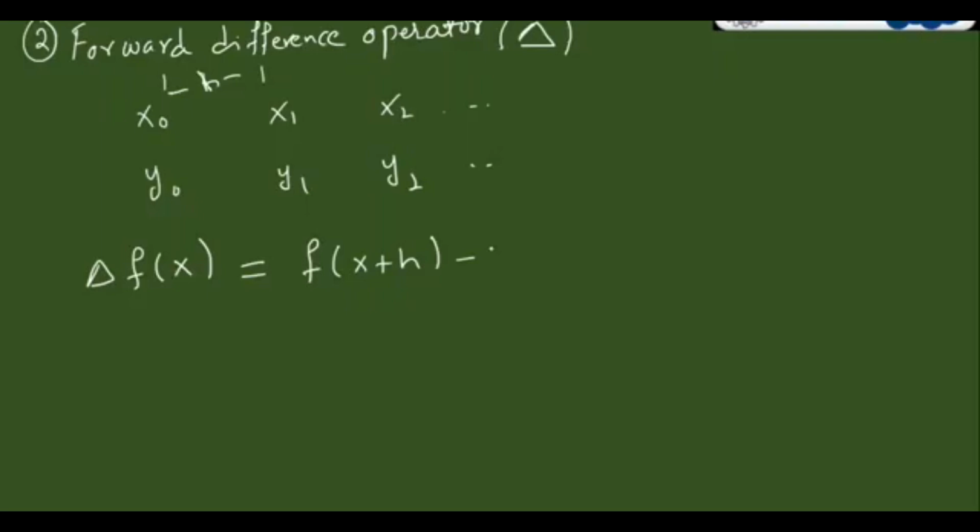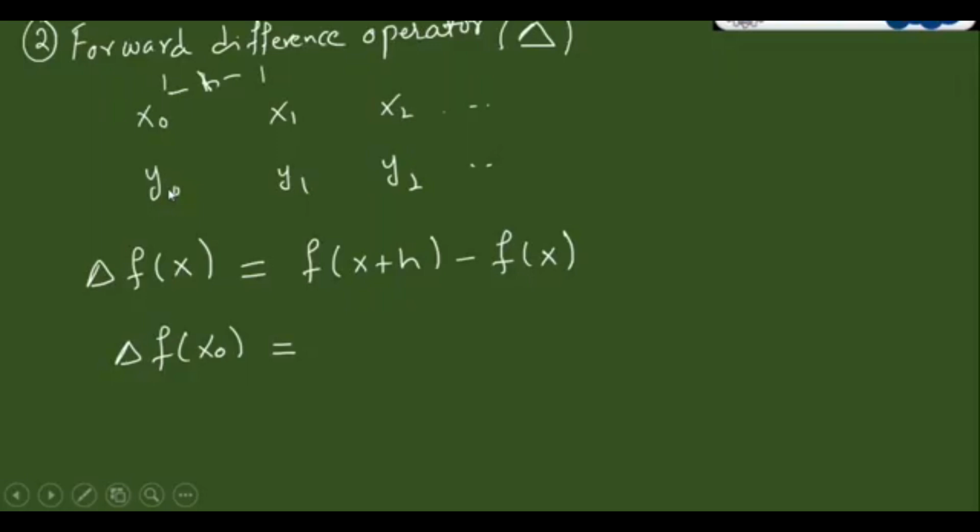For example, if I apply the forward operator at x naught, I have to look for the value that is ahead of it. So this is f of x naught, which is y naught. Keep in mind, we always do calculation in the y variable, that is the dependent variable. The forward value of y naught is y1.